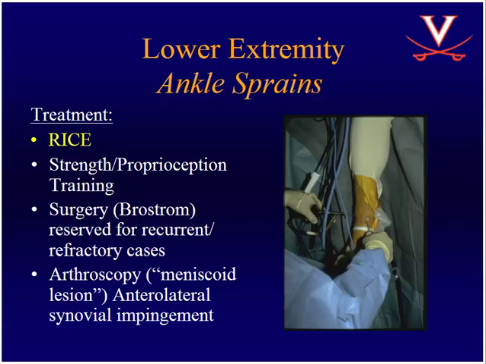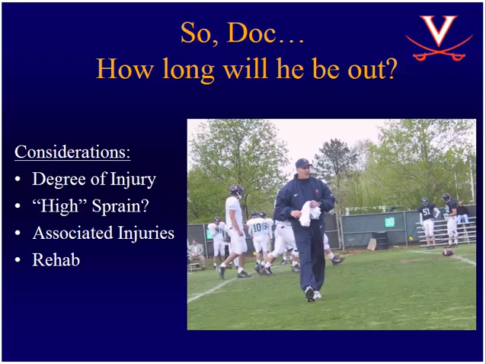And sometimes people will recommend arthroscopy for recurrent ankle problems and pain after ankle sprains. And there you may see various meniscoid-type lesions, which just means some fibrous proliferation and pinching of the fibrous tissue in the joint.